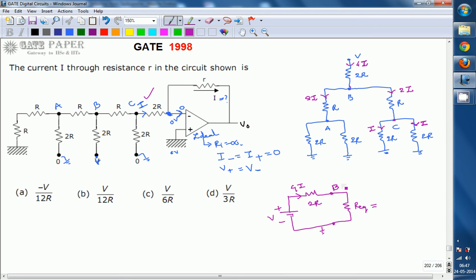This 2R resistor is between V and B, and the current flowing through that resistor is 4I. From node B to ground, what is the equivalent resistance? You have to solve this one.